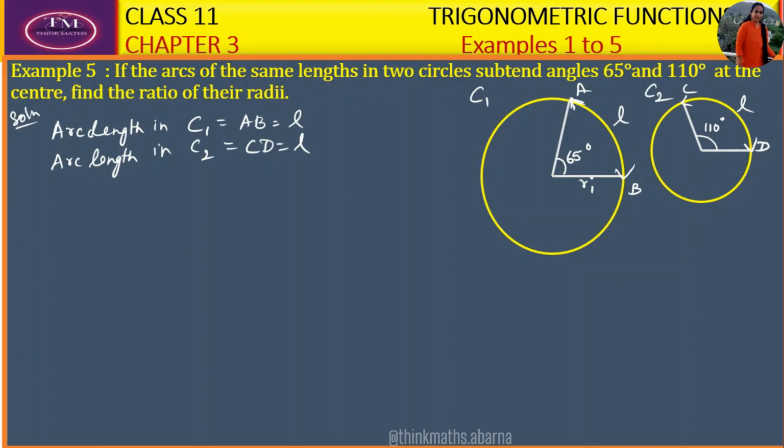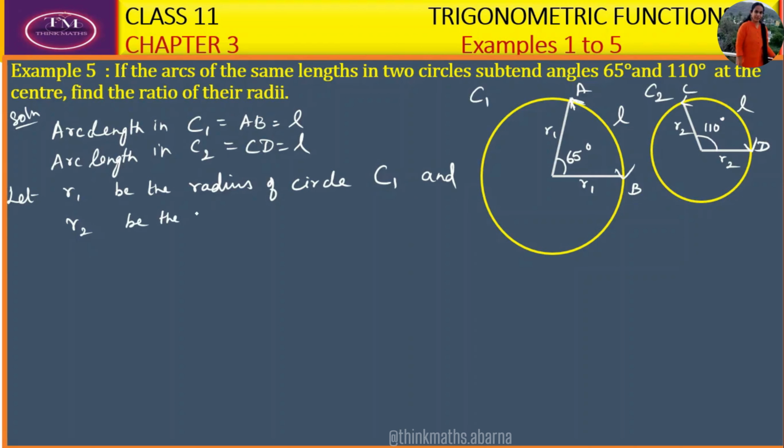So let us keep the radius as R1 for the C1 circle and R2 for the C2 circle. So let R1 be the radius of circle C1 and R2 be the radius of circle C2.